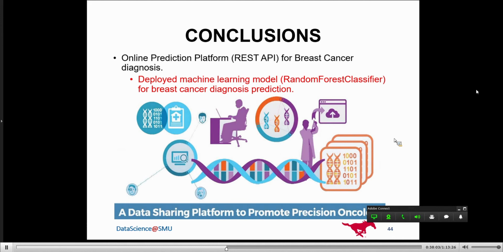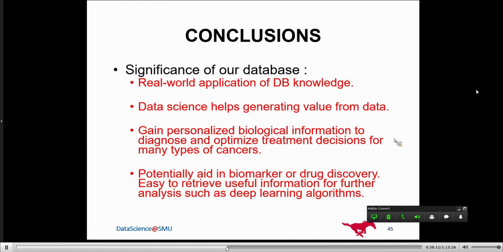They can all easily retrieve data from the database and perform analysis on that data. Also, our database is a real-world application of the database knowledge we learned in class, and it shows how data science helps generate value from data.